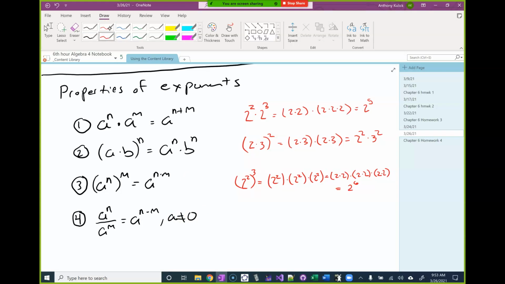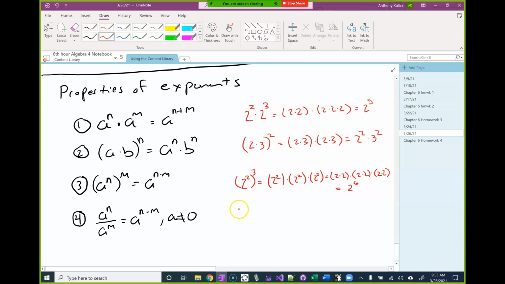So if I have a to the n divided by a to the m, that's a to the n minus m, which hopefully isn't really surprising, right? When I multiplied two exponentials together, I added their exponents. When I divide two exponentials, I'm subtracting the exponents.